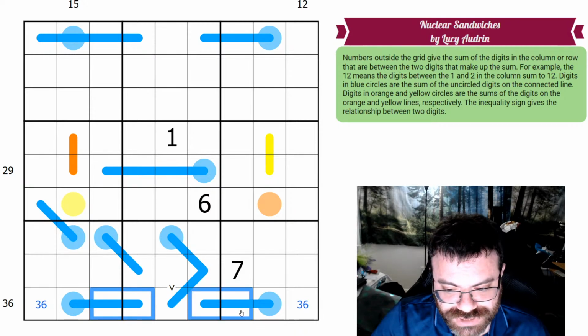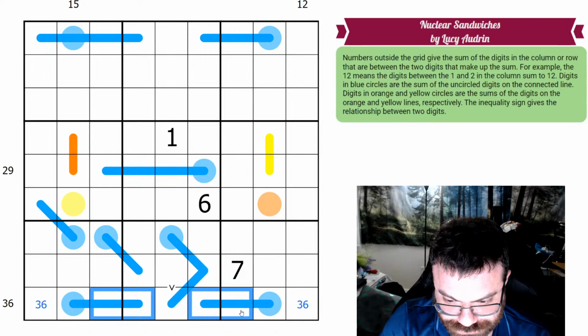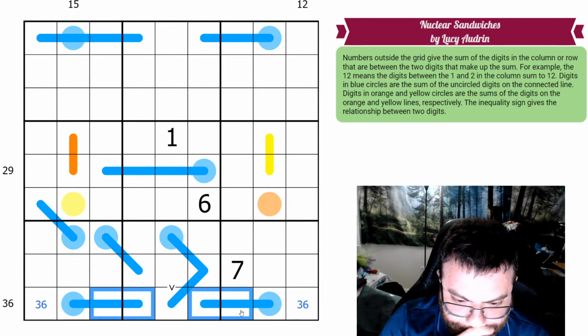So now these are minimum 1, 2, 4, 5, which would be 12.